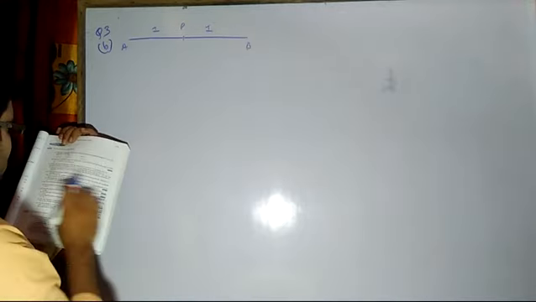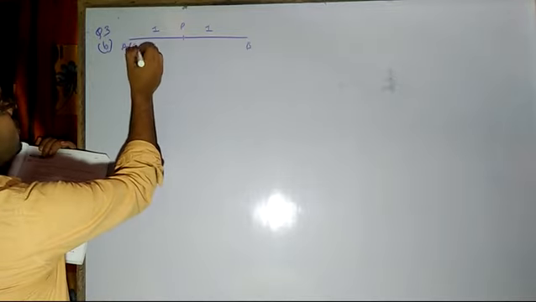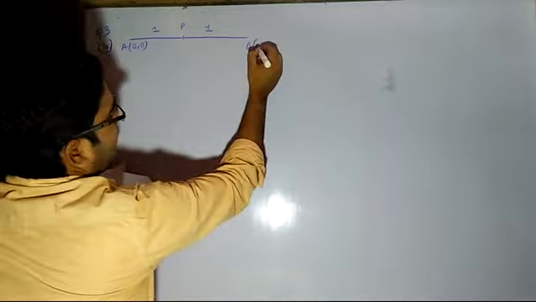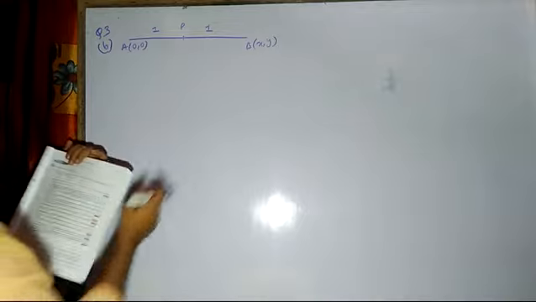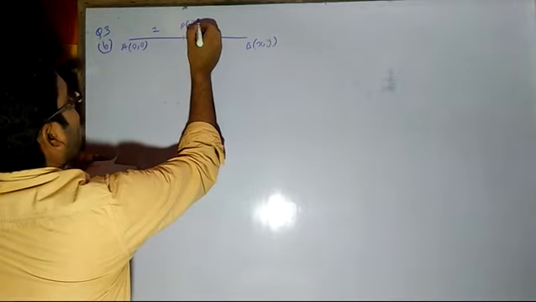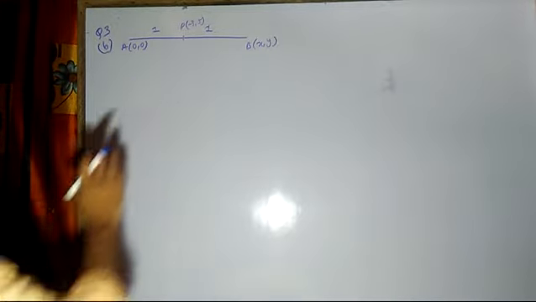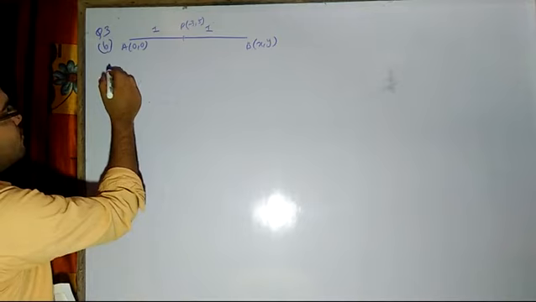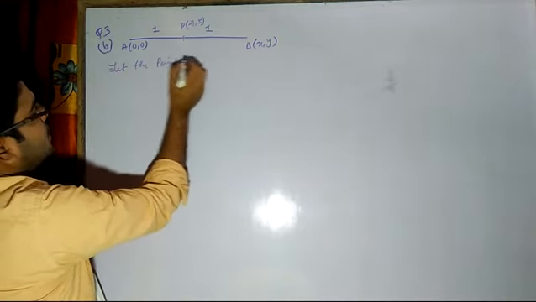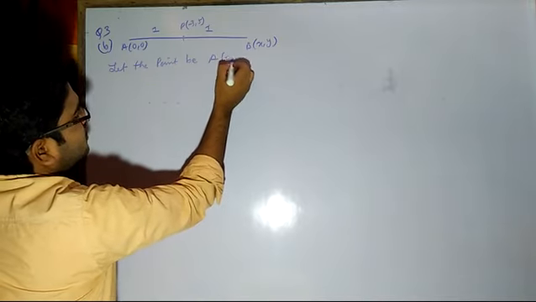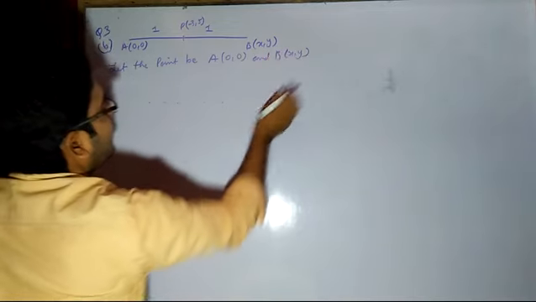Now one of the points is having the coordinate 0, 0, the origin. So I can take the other as x, y. Yes or no? And P is already given -3, 5, and this is the midpoint. So I can write first, let the point A be (0, 0) and B be (x, y).